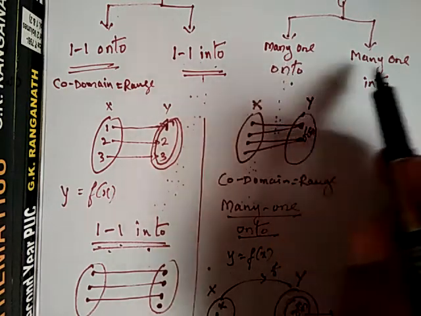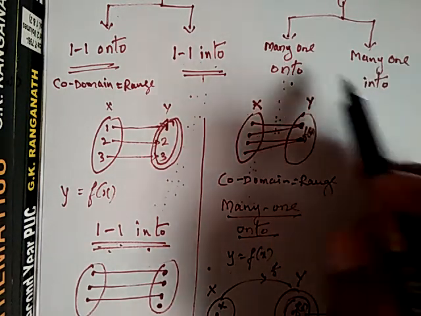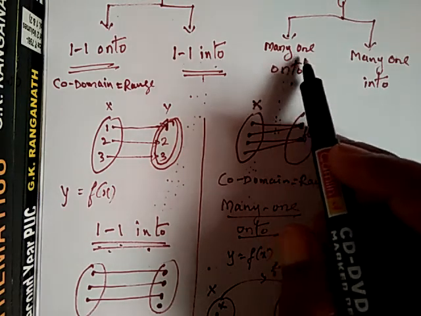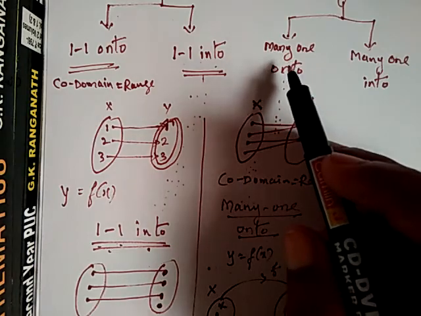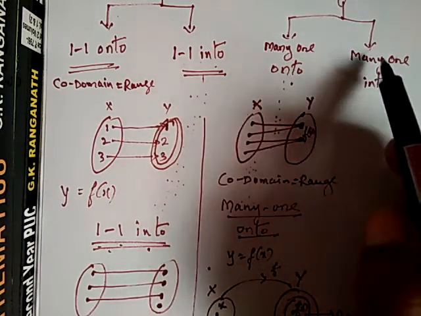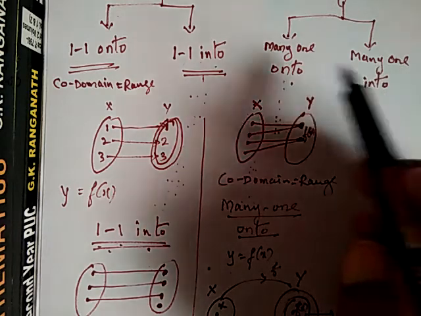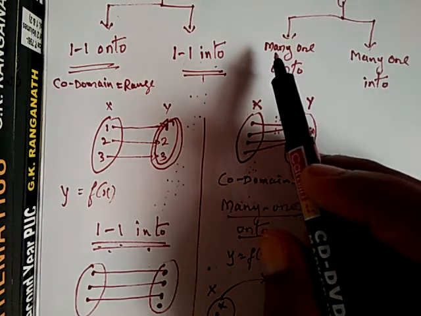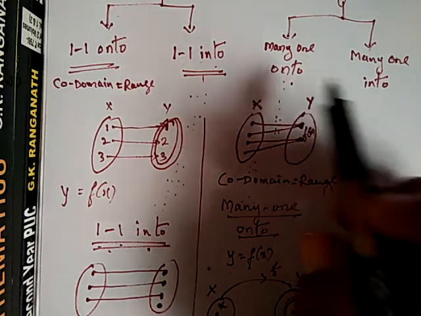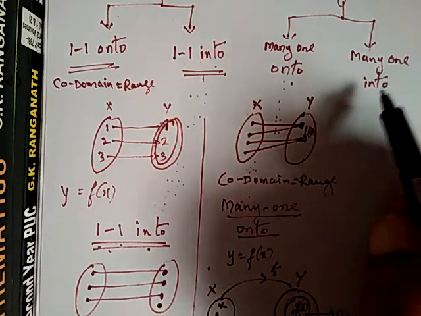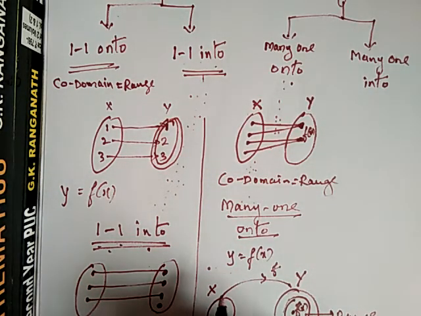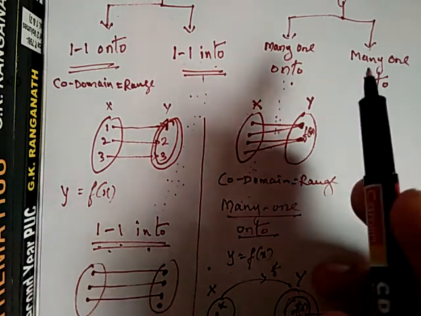If it is many-one onto, there is no question of many-one into. If the given function is not many-one onto, then you can say that it is a many-one into function.